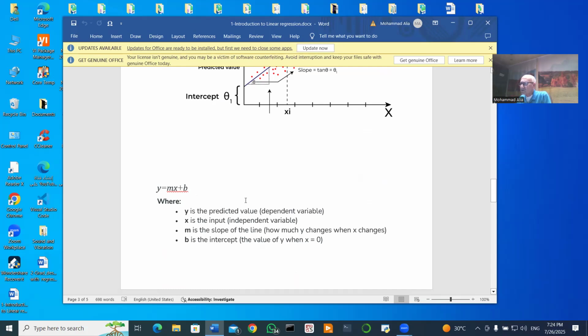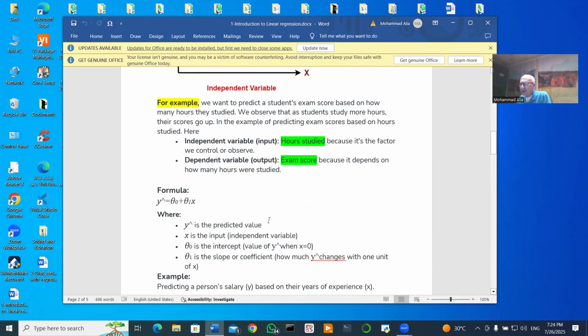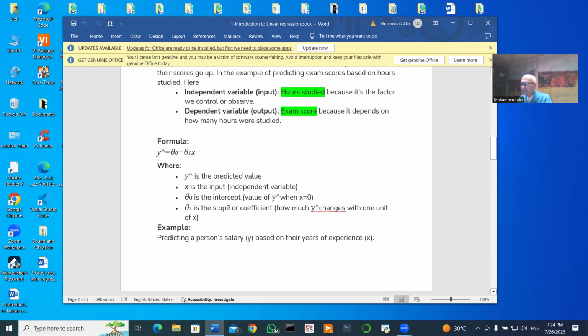So if you go back here to what I have written to you, we have an independent variable x. We have a dependent output variable, which is y, because for every x value, we have a corresponding y value. This y value at the output with a hat is defined here as the predicted value. What does this mean?